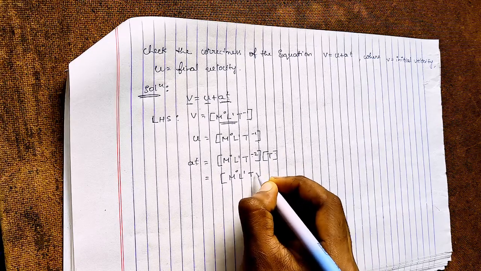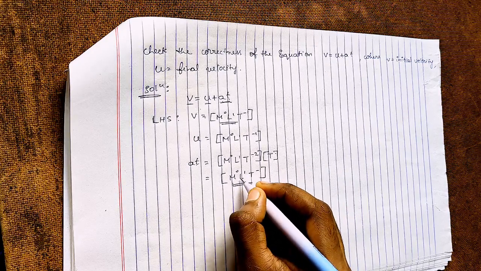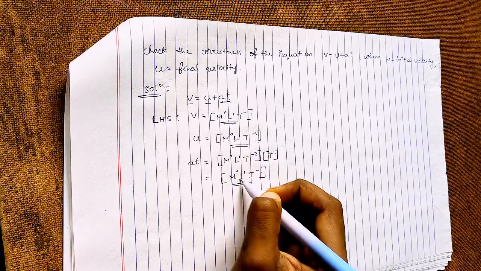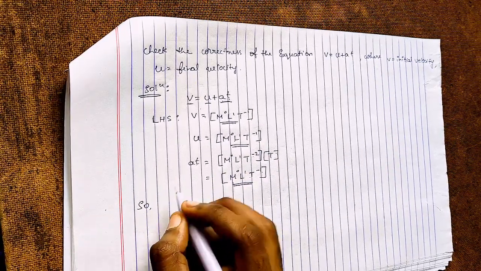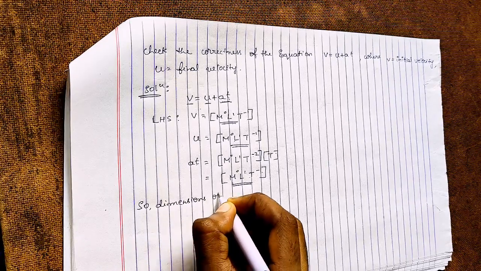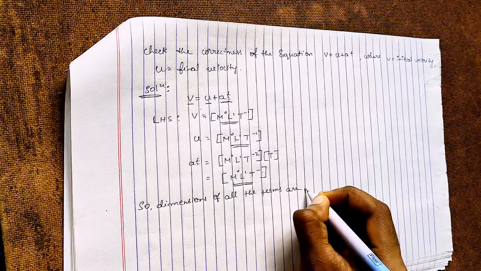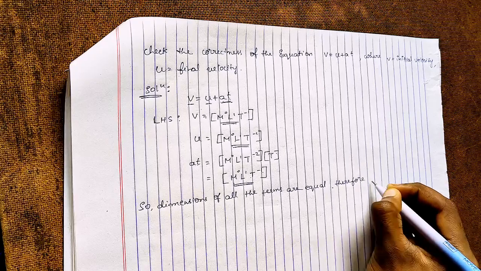Minus 2 plus 1 means minus 1. So for the three different terms, for v, for u, for at, we got the same dimensional formula M^0 L^1 T^-1. So the given equation is dimensionally correct.